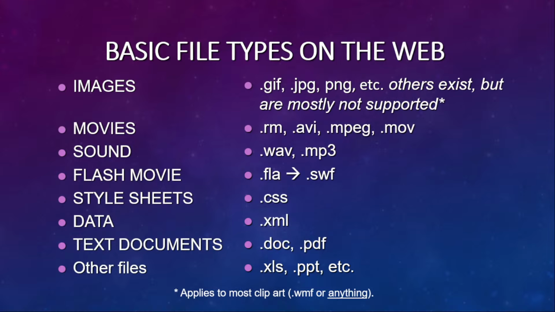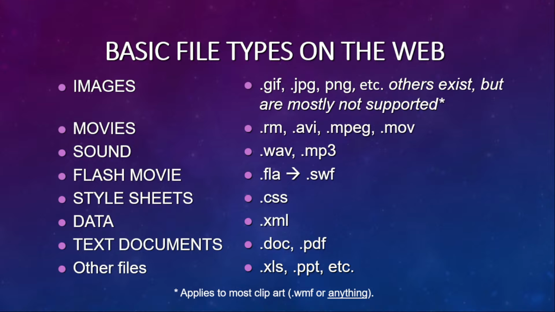All right. Now, these basic files, you can have them as images, as movies, as sound, as style sheet, as data, as text document, and other kinds of files. When we talk about image, there are different kinds of image you can have on your website. You can have a GIF, a JPG, what we call JPEG. We have PNG. A friend of mine would say that the most useless form of a picture is actually a JPEG.